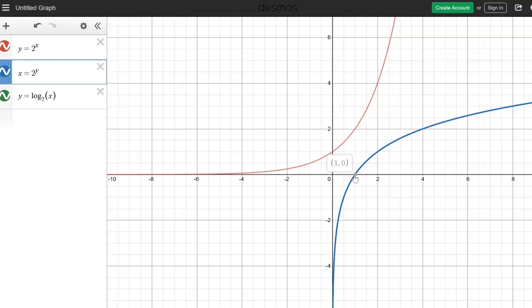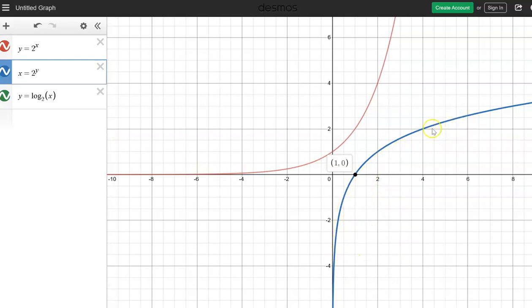The x and y coordinates of the exponential function have been interchanged, and now you get the coordinate (1, 0), which is your x-intercept. (4, 2) was (2, 4), so that's been interchanged, and so is any other point you can think of on the original exponential function. So that is a general look at the logarithmic functions.